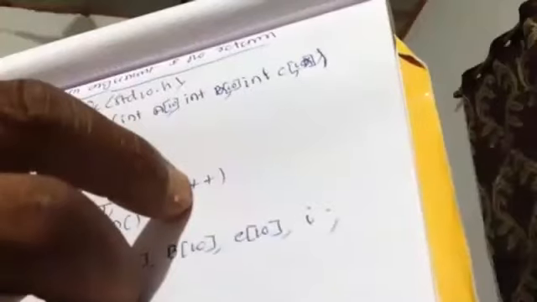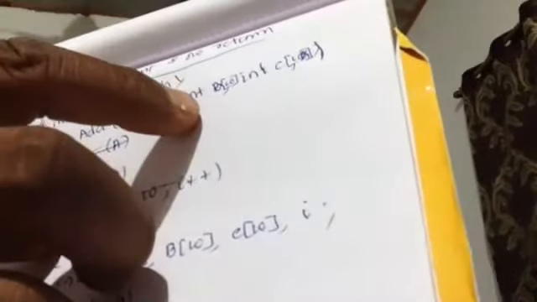So after adding these two arrays, what is the outcome? After adding two single dimensional arrays having 10 and 10 elements, what is the outcome?